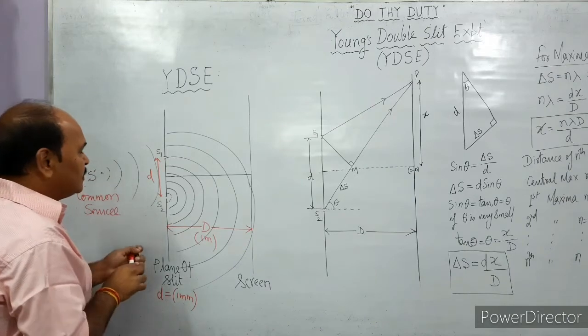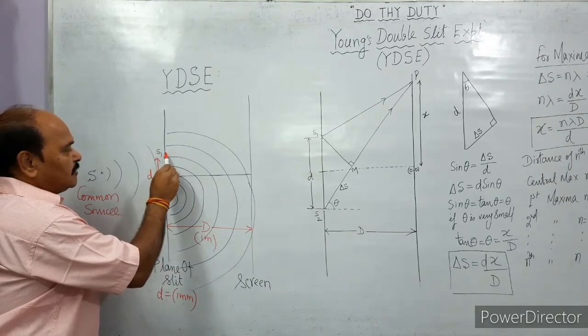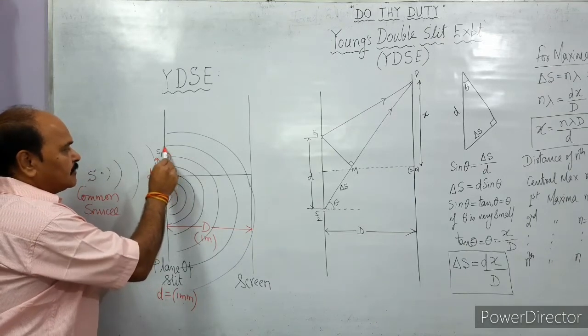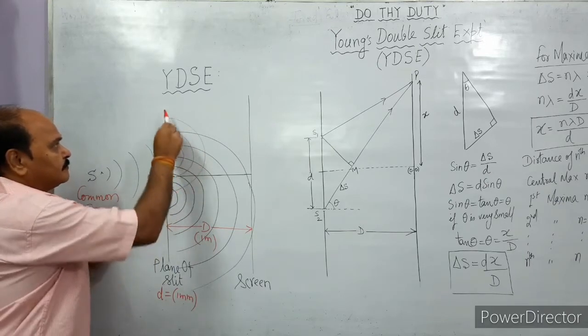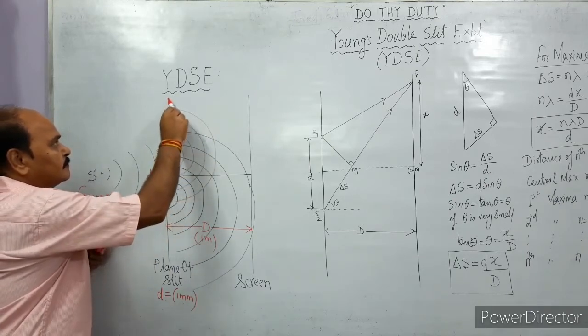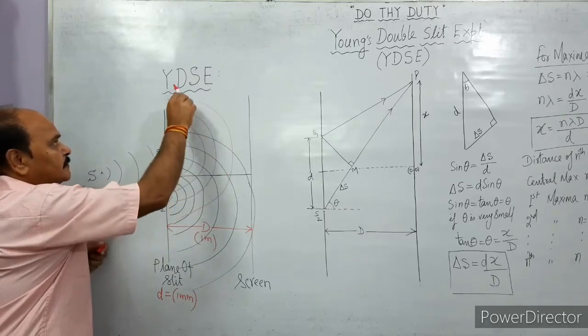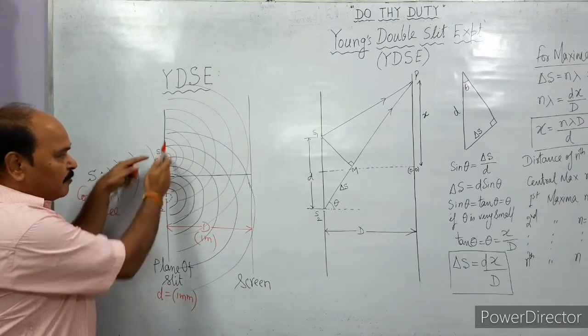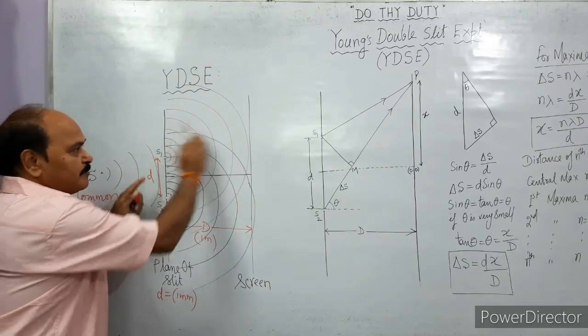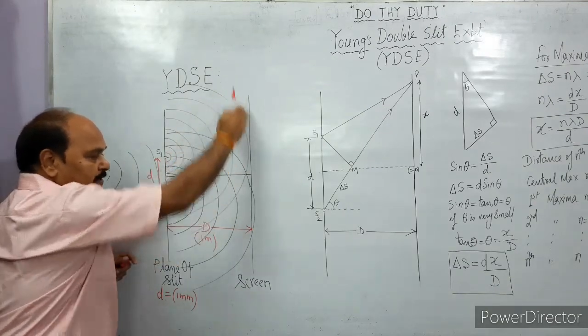Likewise, the waves from slit number S1 also travel like this in this right half of the medium. You can see the diagram. And the waves from both the sources superimpose over each other in this right half.